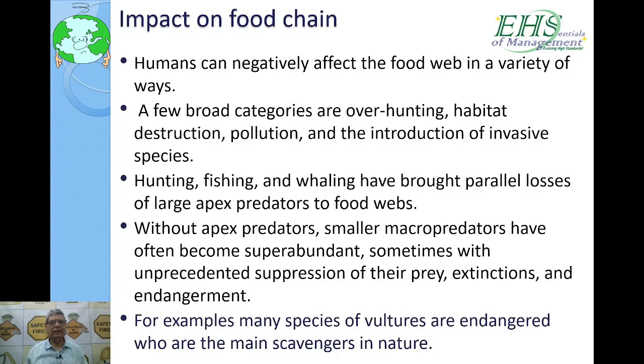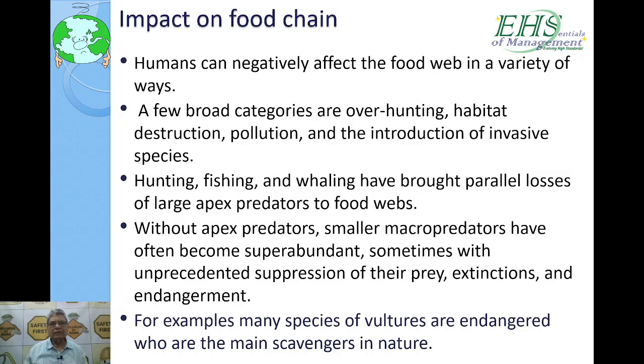Now, what is the impact of human activity on the food chain? Humans can negatively affect the food web in a variety of ways. A few broad categories are overhunting, that is hunting animals on a large scale, then habitat destruction, pollution, and the introduction of invasive species.